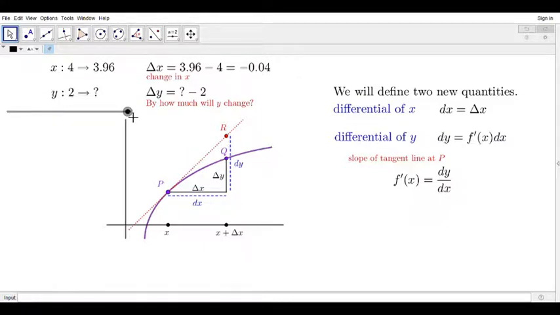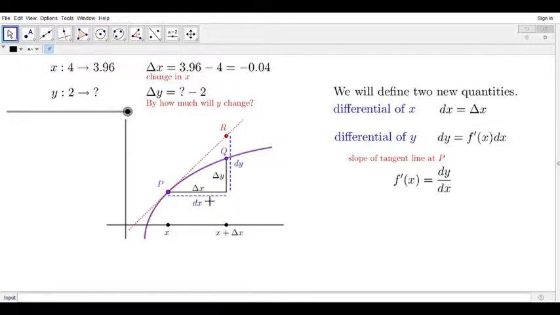By definition, let's compare the two differentials. The differential of x, dx, is delta x. On the other hand, dy, this blue dotted segment, and delta y, this black solid segment, they are different.